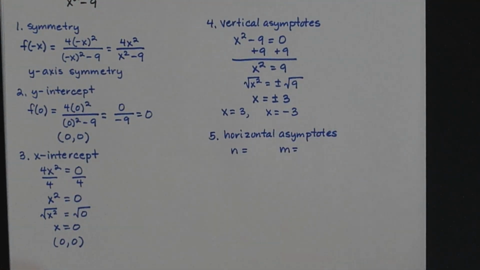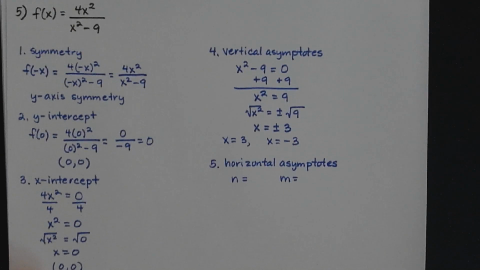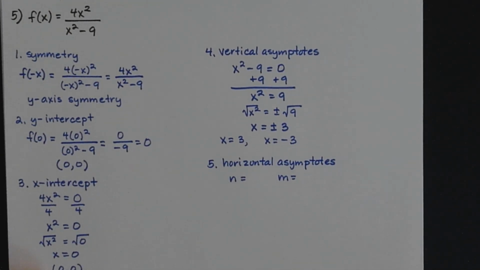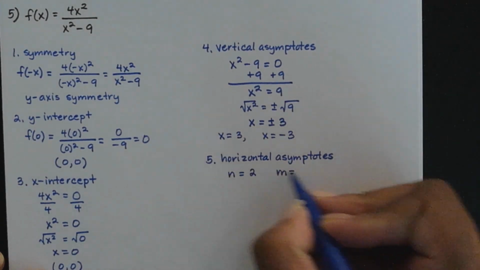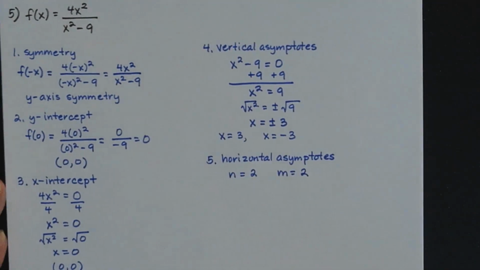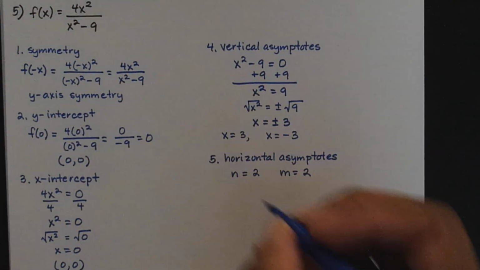Your n is the highest exponent in the numerator, your m is the highest exponent in the denominator. So I'm going to bring this down a bit. What's the highest exponent in the numerator? 2. And what's the highest exponent in the denominator? Also 2.